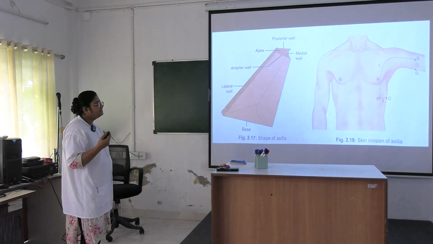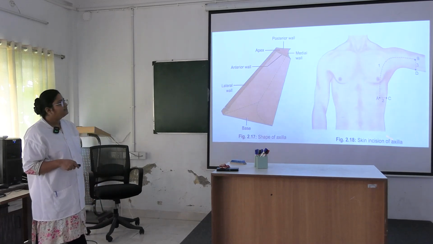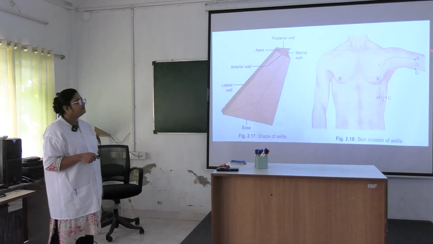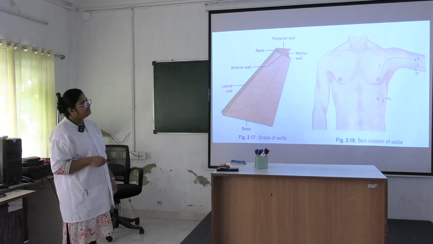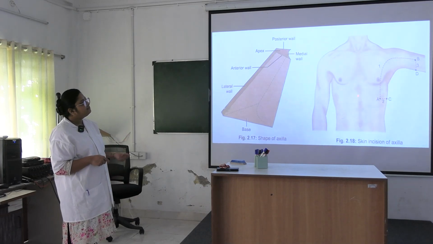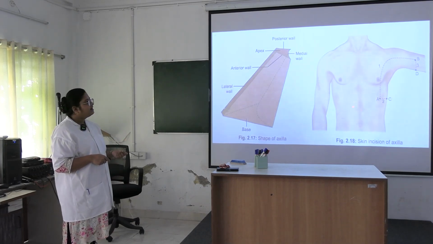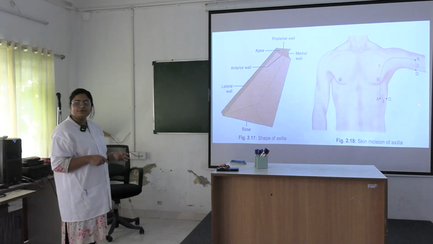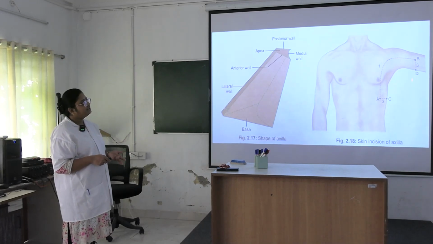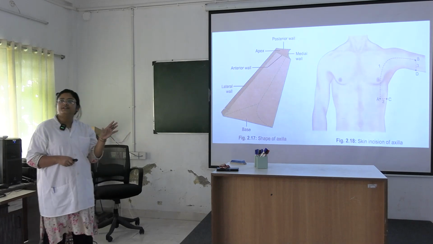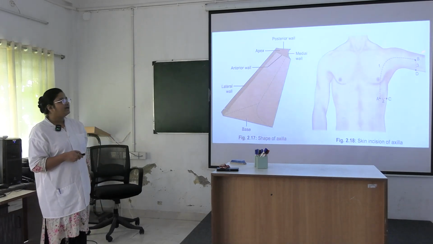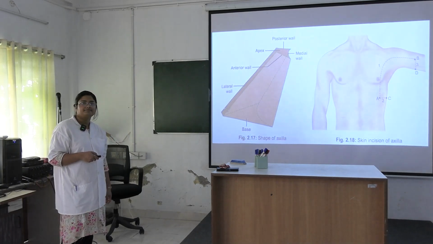So, for dissection of the axilla, you have to give these incisions. One incision extends from the level of the fourth costal cartilage up to the posterior axillary fold. The second incision joins the anterior and posterior axillary folds at the level of the junction of the upper one-fourth and lower three-fourths of the arm.